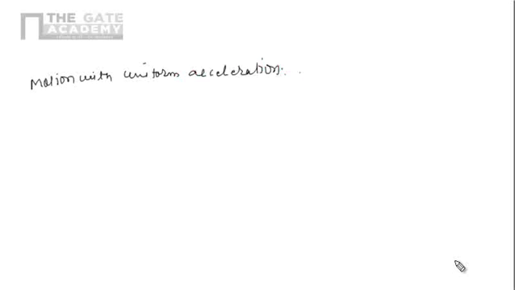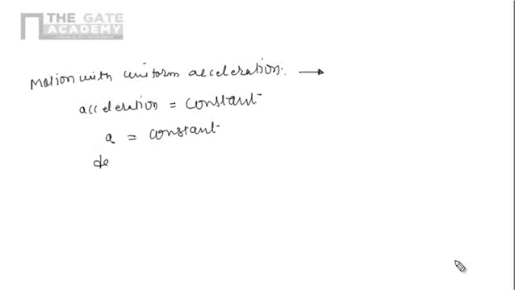So motion with uniform acceleration means acceleration is constant. So I am denoting acceleration by a, means a is constant. So the rate of change of a with respect to time will be zero in case of motion with uniform acceleration.